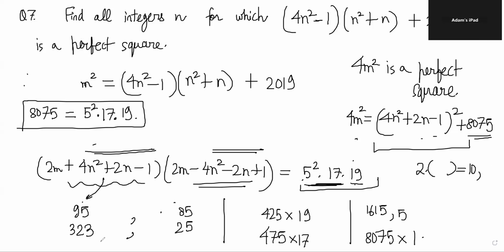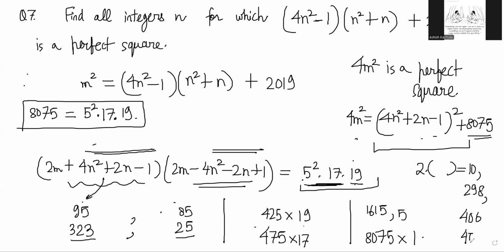Or this minus this, 475 minus 70, 458. So basically this expression is coming out to be 5 or 149 or 203 or 229, right?